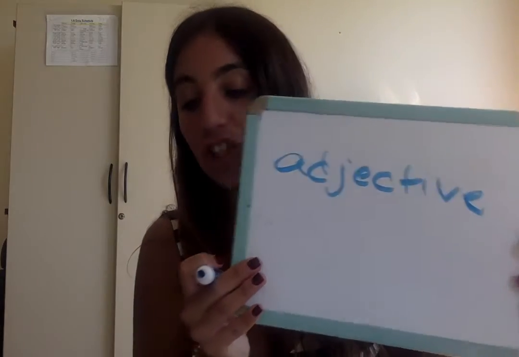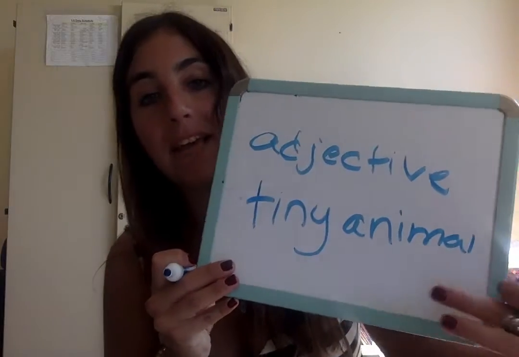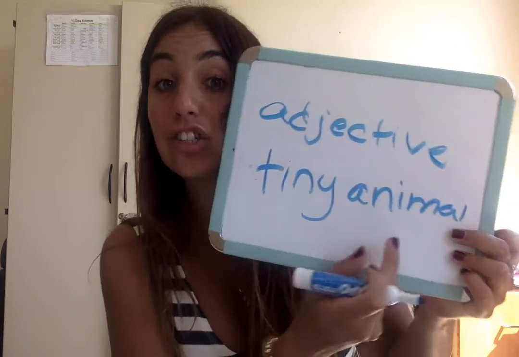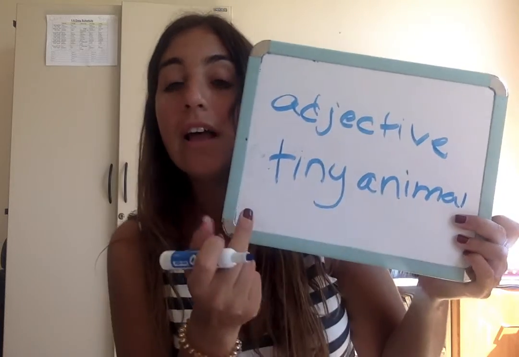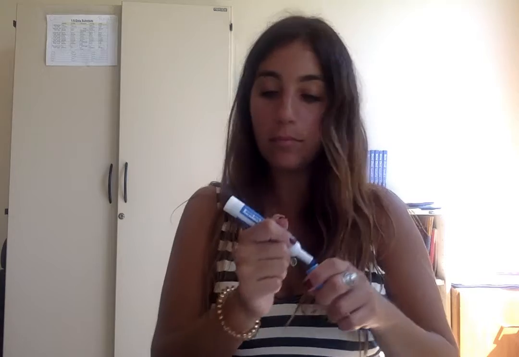That is an adjective, okay? So if I said the tiny animal, my noun would be animal, and tiny is describing the animal, and that would be my adjective, okay?